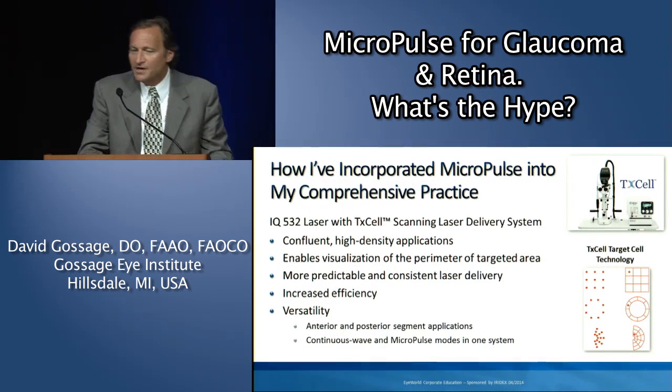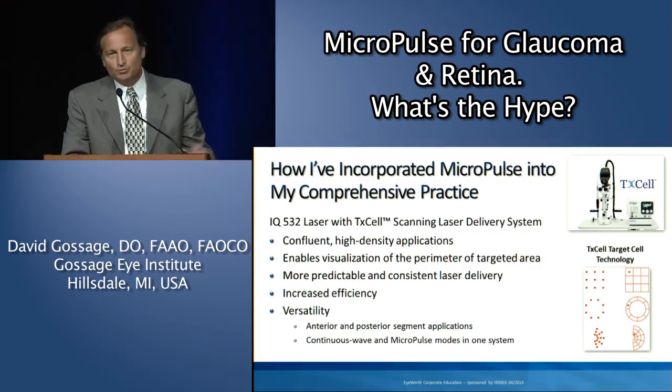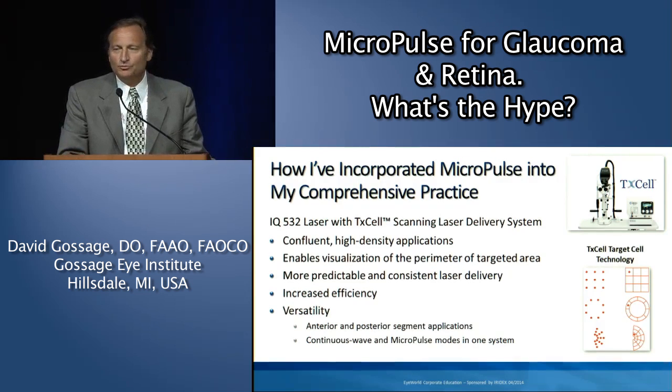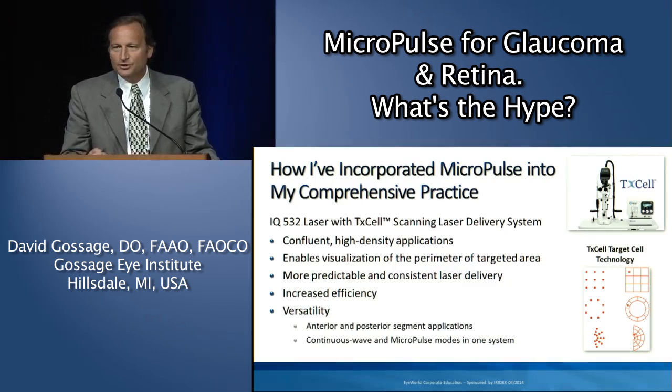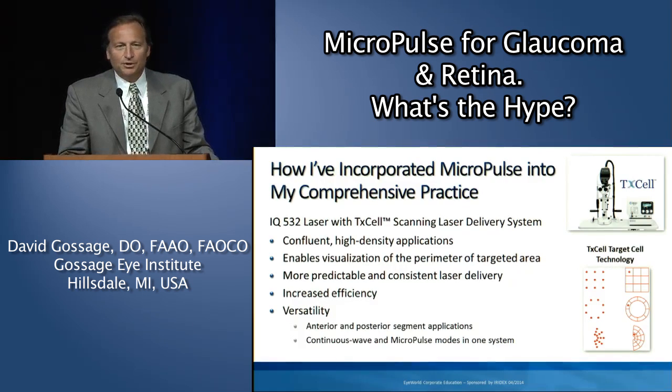So I currently use the 532 laser. I have had experience with the 577 laser, as well as the original 810 diode laser. When I do a treatment, I'll do a high-density application in a very confluent manner over the retina. The nice thing about the TechCell, though, is it will give you a pattern-generated laser that gives you a targeted area that you can see and visualize, and then I can apply a very predictable and consistent laser delivery over that area of edema.